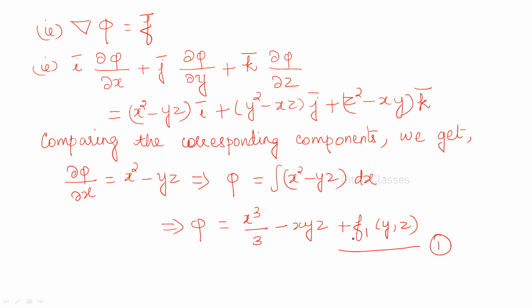So there is a chance of having another function plus, instead of constant, we are going to write it as f1 of y comma z. That is, there is a chance of having another function of y and z also, because we have differentiated partially with respect to x. So if you have, for example, y plus z or y into z, when you differentiate partially with respect to x, this will become 0. That is why in the place of constant, we are going to write f1 of y comma z.